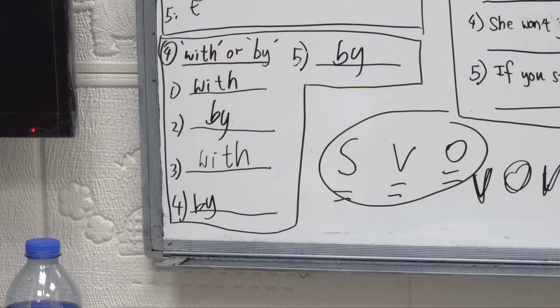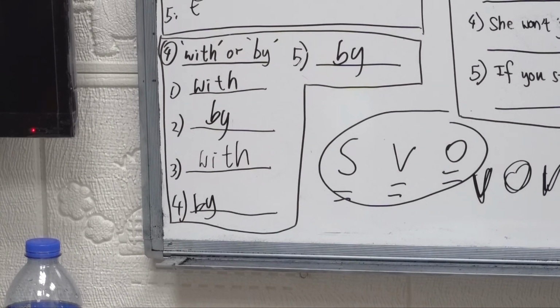So by is the person, right, who does the action. With is what you use, okay? What was used to perform the action. So by is the person or the company or the organization. With is the materials they use, okay? All right, so for example, the cake was eaten by me, right? But I ate it with spoon and fork. You see what I mean, right?